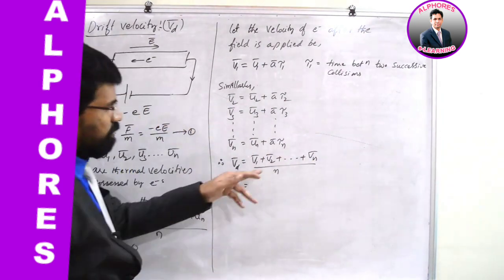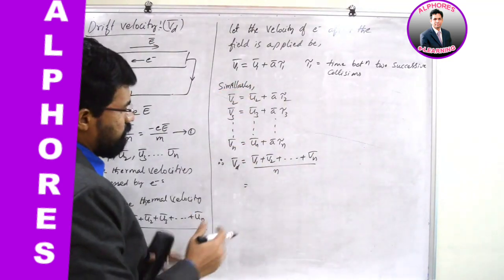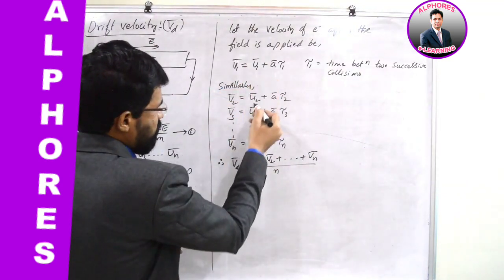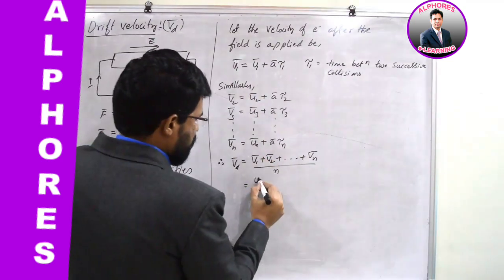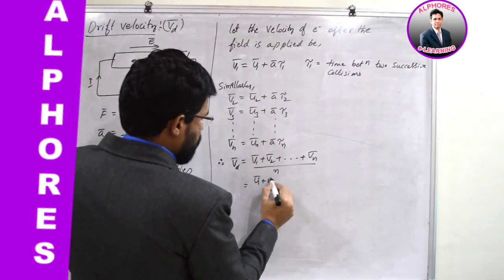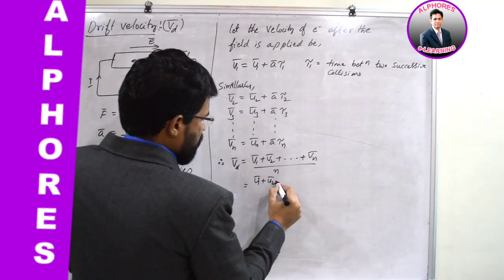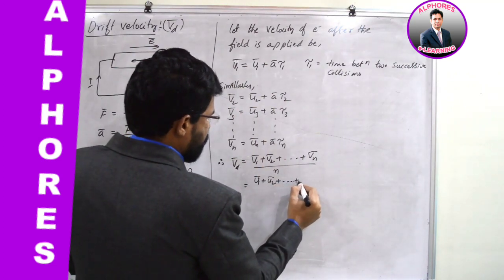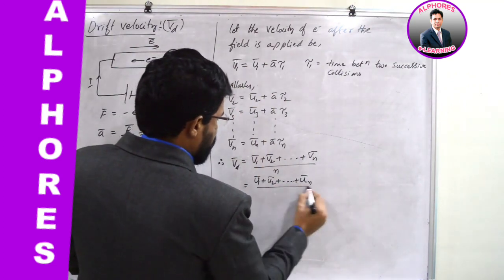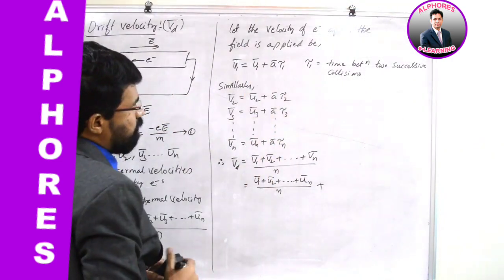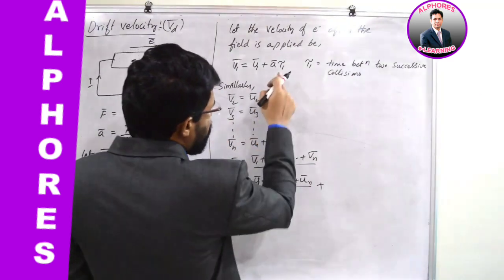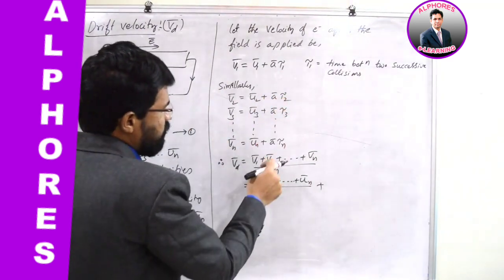When you replace V1, V2, Vn with all these equations, you know what you will have? You will have U1 bar plus U2 bar plus U3 bar plus so on Un bar divided by n, plus, since a bar is there in all the terms, you can take it out, and what you are left with is tau 1, tau 2, tau 3, tau n.